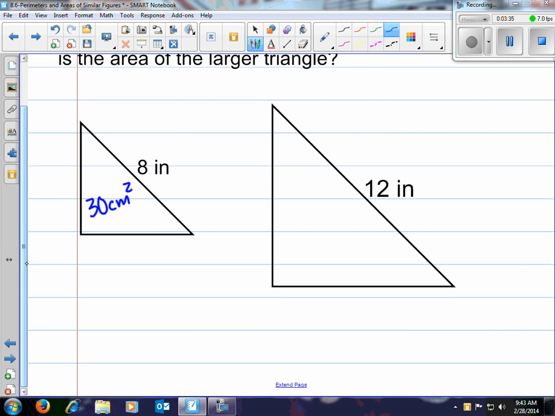So first thing we're going to do is make our similarity ratio, which is just 8 over 12, which is equal to 2/3. Now I can set up my perimeter ratio, which is also 2/3.